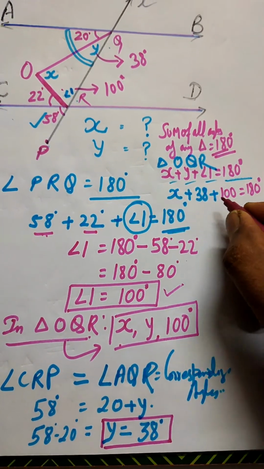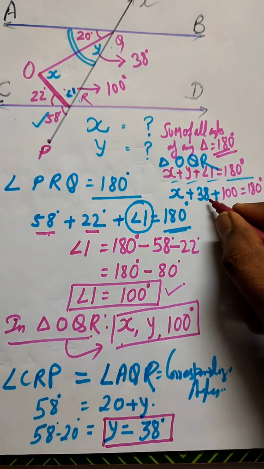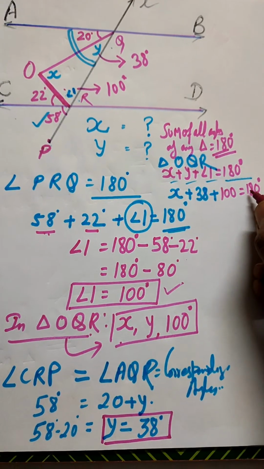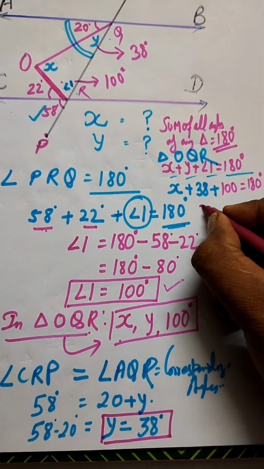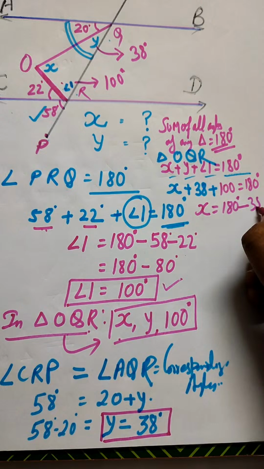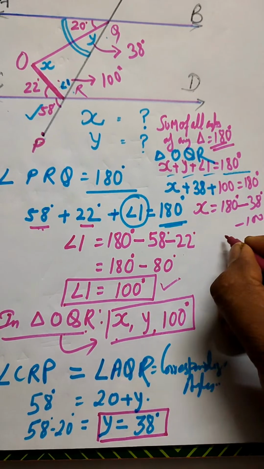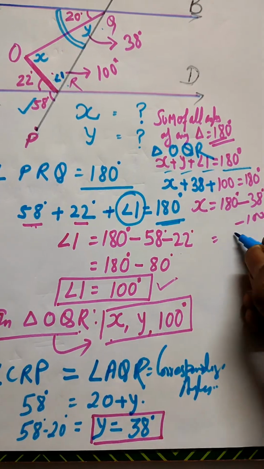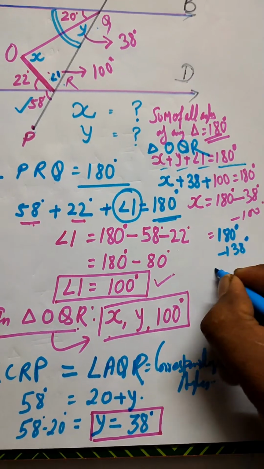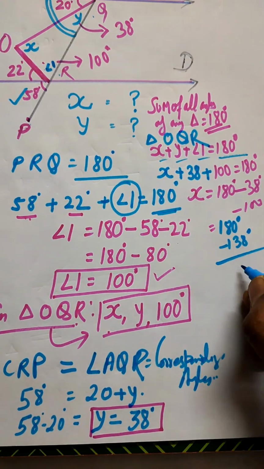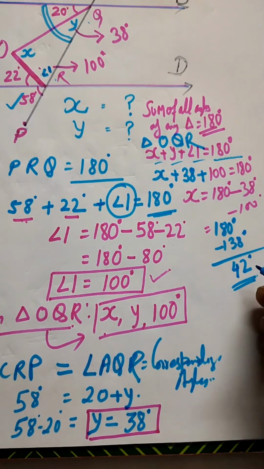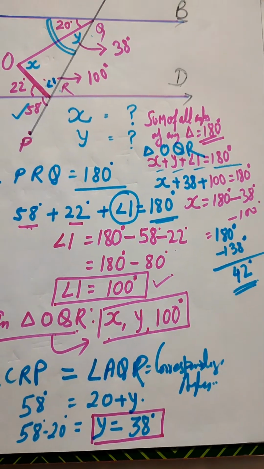In this equation we have only one variable x and the rest are known constants, so it's very easy to calculate x. This will be 180 degrees minus 38 minus 100. So this will come as 180 degrees minus 138 degrees, and this will be 42 degrees. So 42 degrees is the value of x, right?